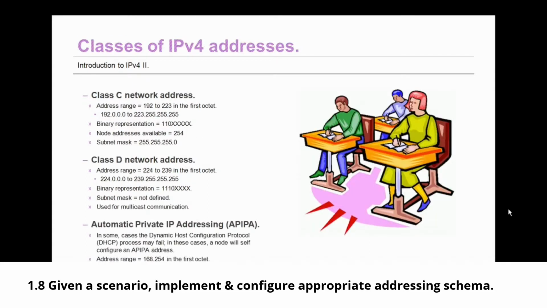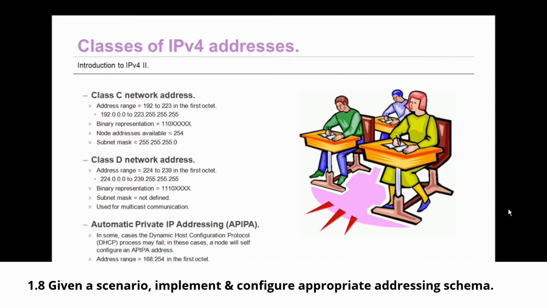And the subnet mask used with a Class B network is always 255.255.0.0. Then there are Class C network addresses, and they have an address range in the first octet of 192 up to 223. That means that we have an address range of 192.0.0.0 up through 223.255.255.255. And that first octet on the left always begins with a 110.